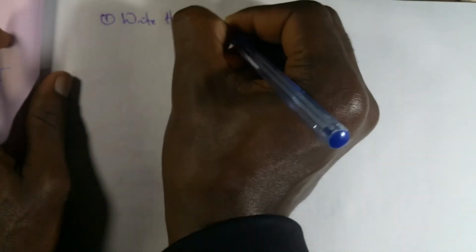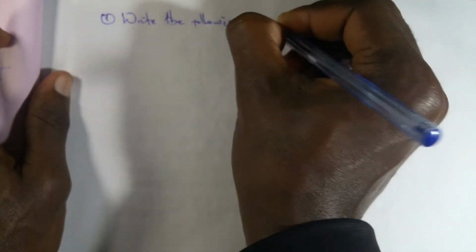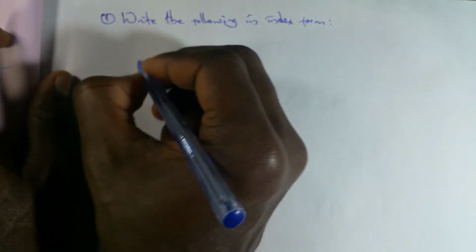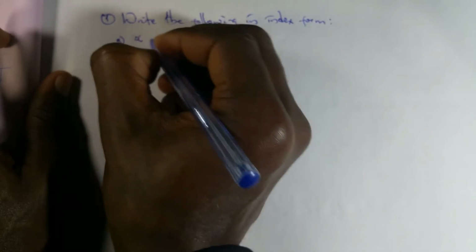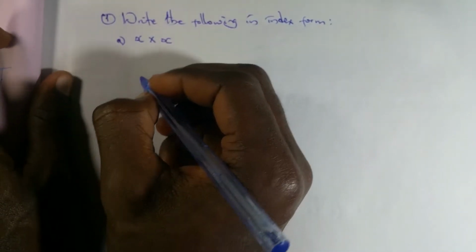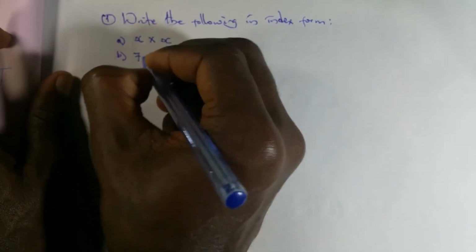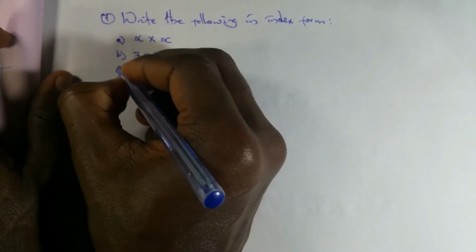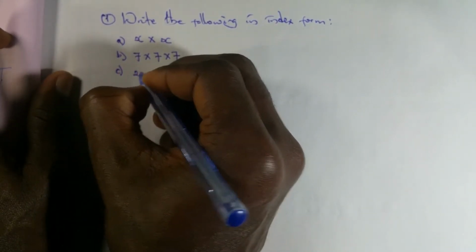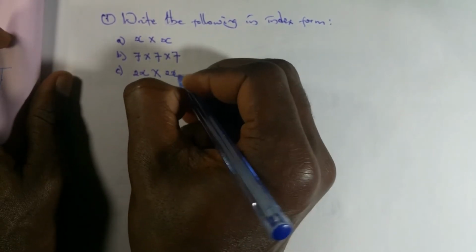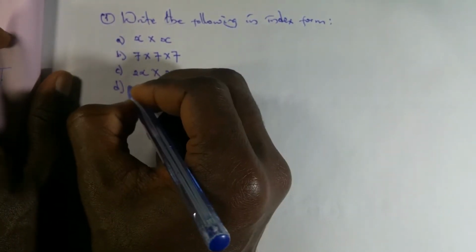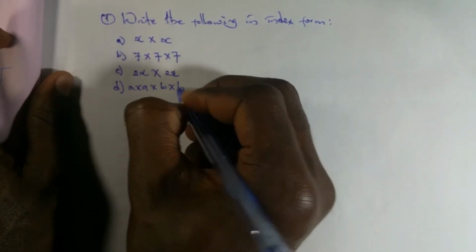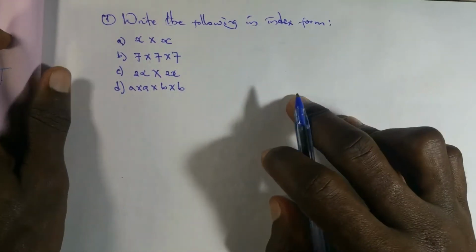Let's say a, x times x; b, 7 times 7 times 7; c, we have 2x times 2x; d, we have a times b times b.